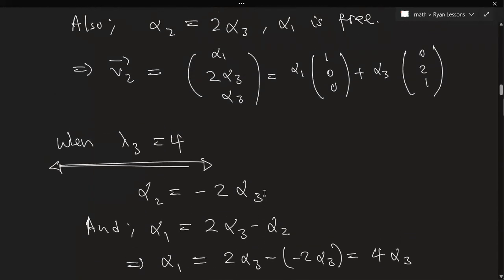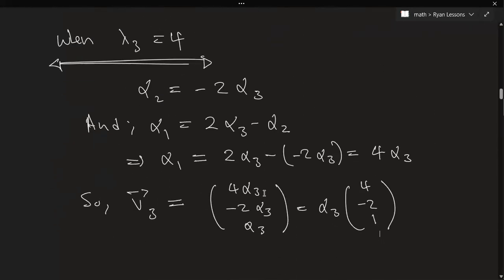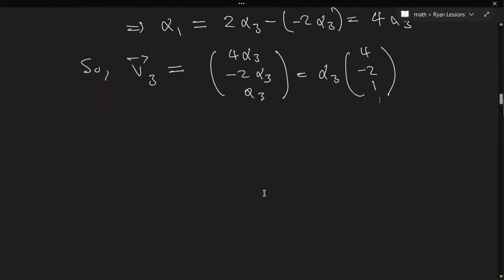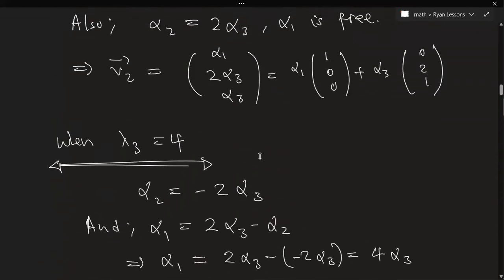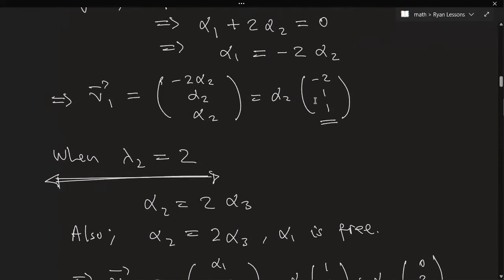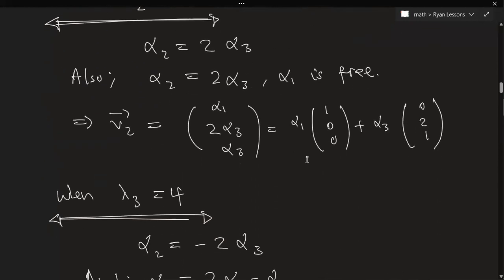Now it's time to write down what the solution of our system is. So using the result that we have seen before, we can therefore write that the solution x, which is usually a function of t, is equal to c1 times v1. So what is v1? v1 we can take any, so we take negative 2, 1, 1.